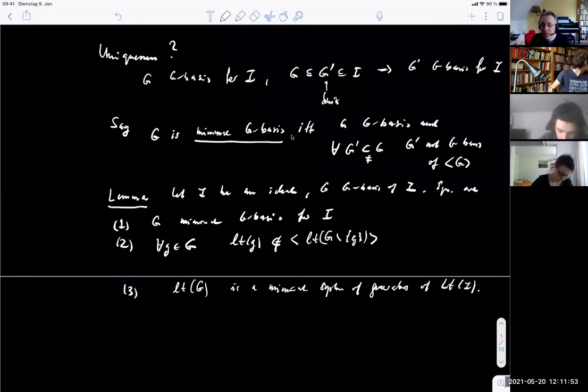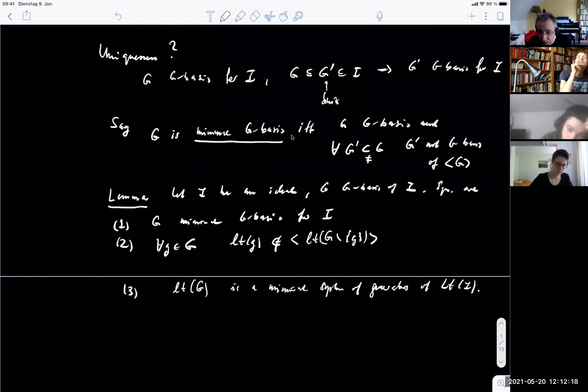It's very easy. This lemma shows that a minimal Gröbner basis actually only talks about the leading ideal of I and the leading terms of G. And we note that if I have a monomial ideal, then there is a unique minimal set of generators.